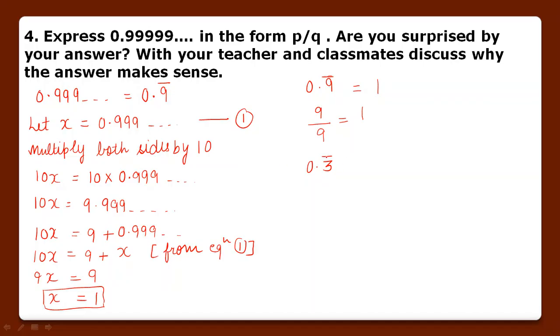This will work when there is bar on all the numbers which are given. 0.3 पे बार है, 3 पे बार है इसमें. सो अब हम इस 3 ले और 3 को 9 से डिवाइड कर दें.